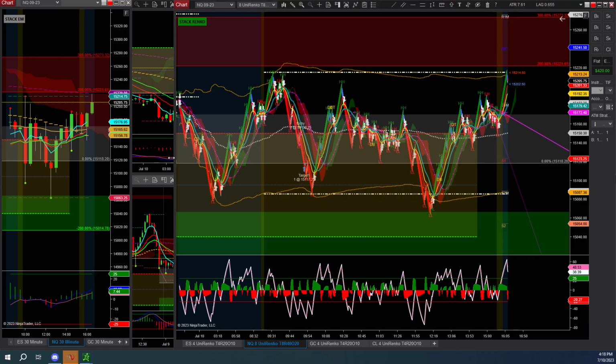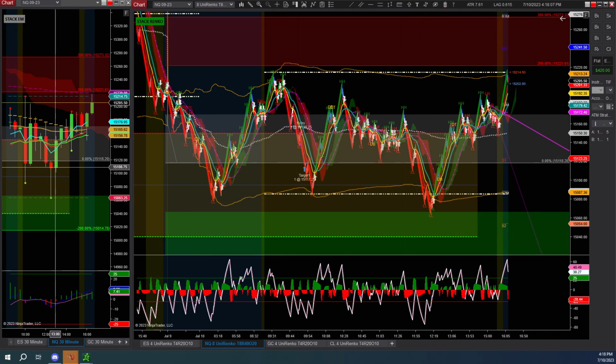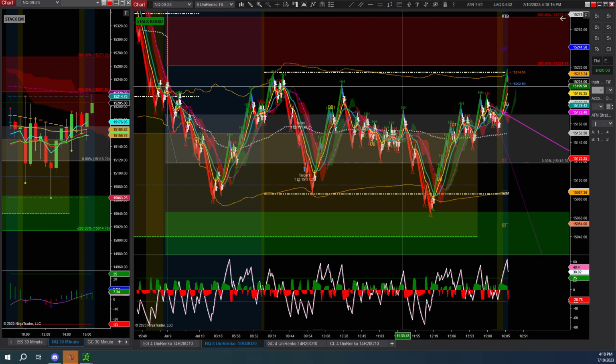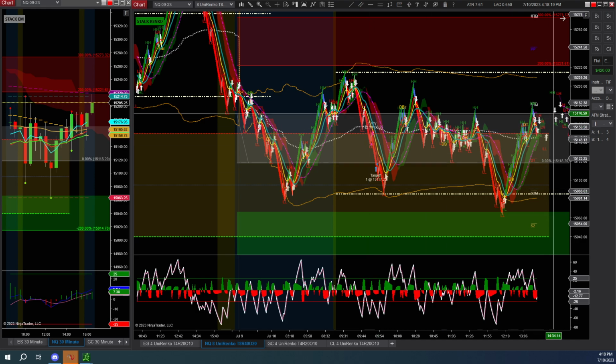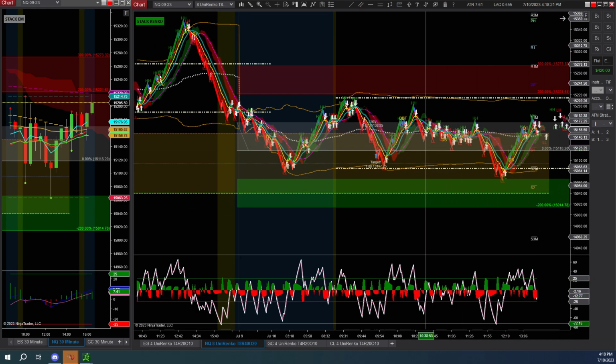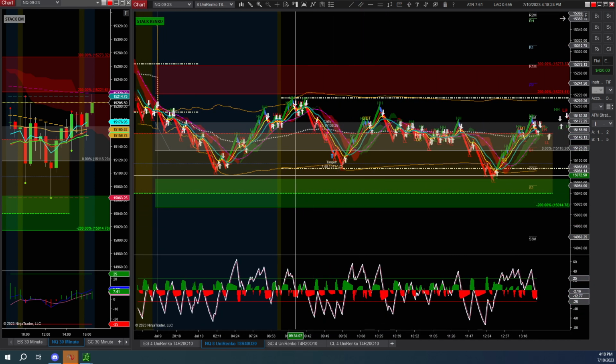Let me expand this one a little bit. So you see that it tried to come down here, moved up, came back down, and then moved up again, ended up on the other side of this channel. But not a really easy day to trade, I don't think.